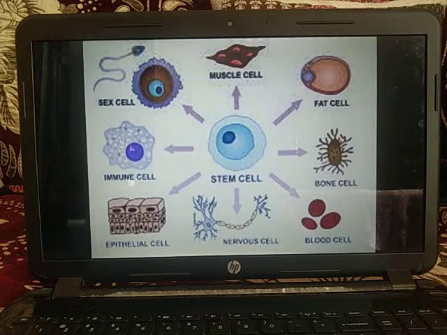Human egg is slightly over 0.1 millimeter or 100 micrometer in diameter.